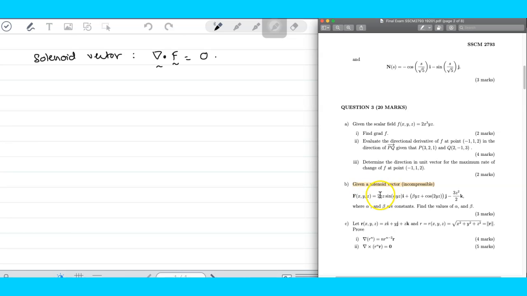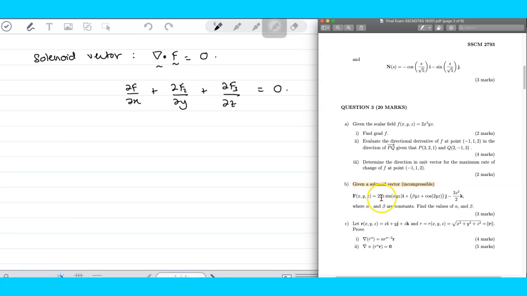So now you have to find the divergence of the vector field f. So grad dot f means you have del f1 del x plus del f2 del y plus del f3 del z equal to 0.